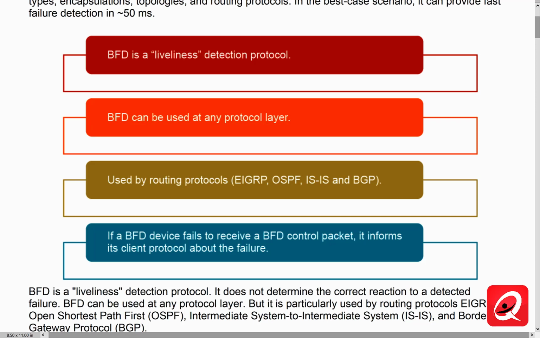All right. So BFD is a protocol that runs between two systems. The control packets are sent as unicast packets to the BFD peer. That BFD implementation then encapsulates those BFD control packets using UDP, specifically UDP port number 3784.